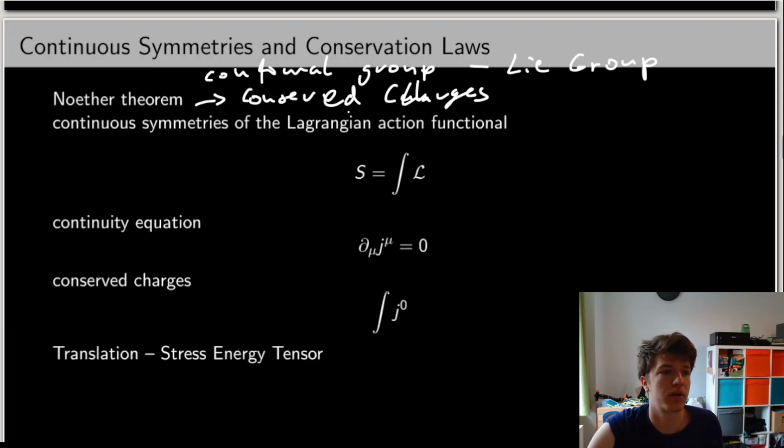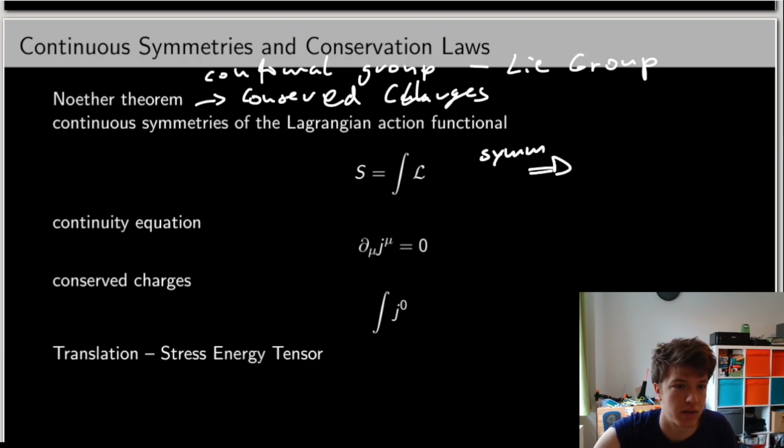And therefore it is useful to define an action functional as the integral over some Lagrangian function, because then one can do explicit calculations to find out the symmetry of that.